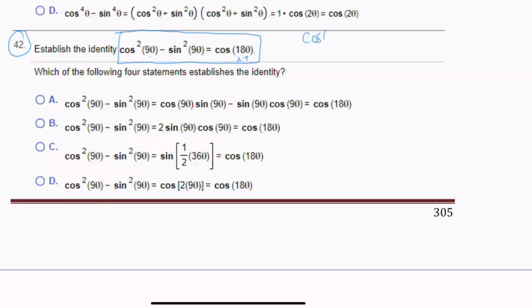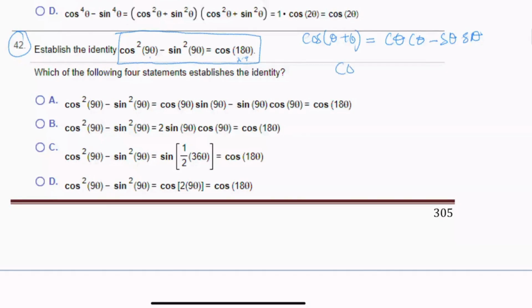If you have cosine of theta plus theta, which is 2 theta, and you expand this, it will be cosine theta cosine theta minus sine theta sine theta. As I said, cosine 2 theta is equal to cosine squared theta minus sine squared theta.